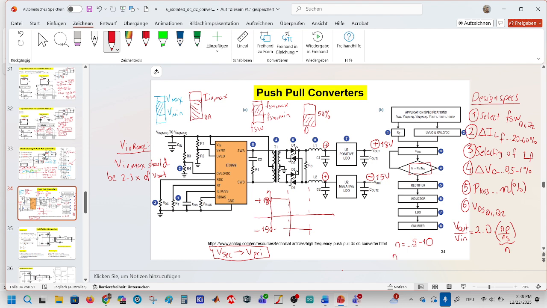For this reason, the turns ratio should be between 1 and 5, because the maximum value of duty cycle is 0.5, and if you apply it in the formula, 2 times 0.5 times n, that means you define the output voltage with the turns ratio.